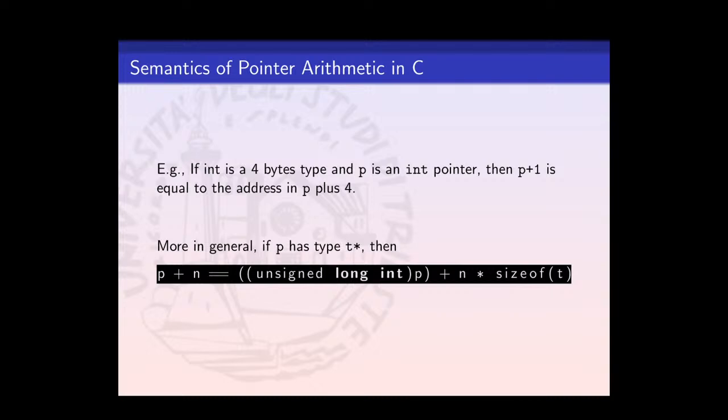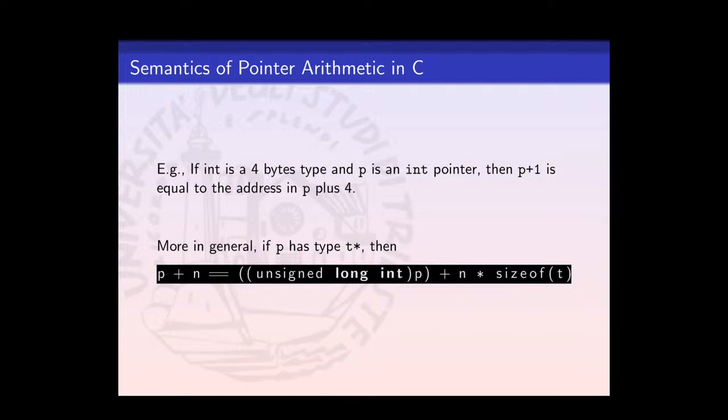So let's try to see an example just to figure out what's going on. If the int data type is represented by using 4 bytes and p is a pointer to integer, then by increasing the pointer by 1, I end up in p plus 4. Why?